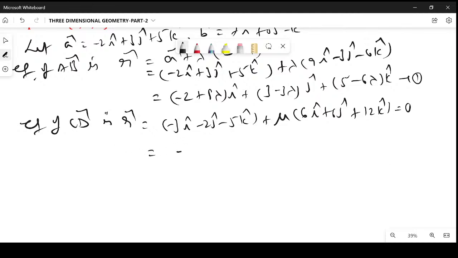Again write minus 3 plus 6 mu into i cap, plus minus 2 plus 6 mu into j cap, plus minus 5 plus 12 mu into k cap.